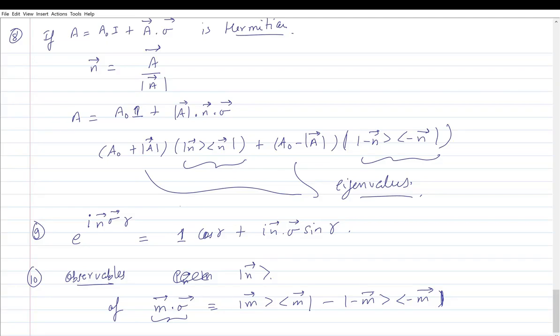So any direction you measure, either you're going to get a +1 eigenvalue or a -1 eigenvalue, and the probability, let's say, of +1, that is getting this guy, is just the inner product squared.